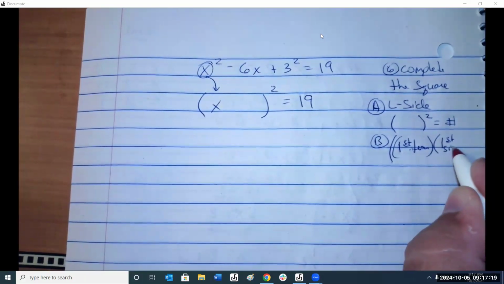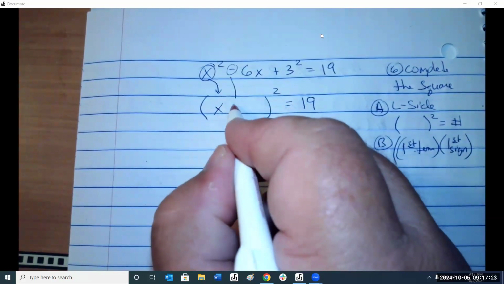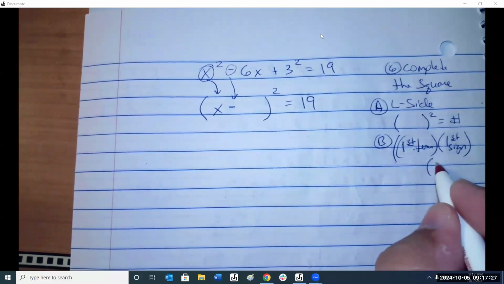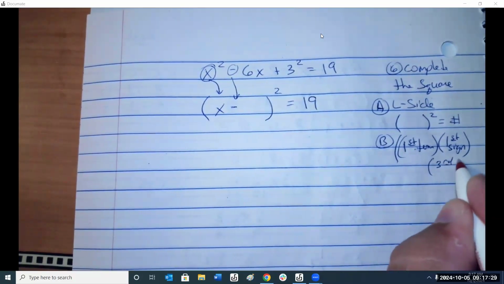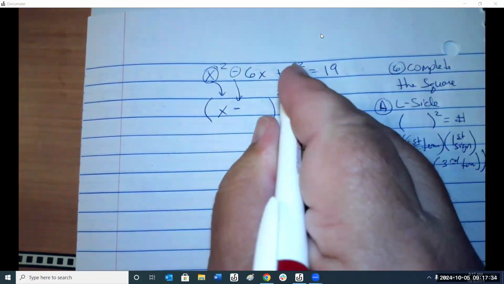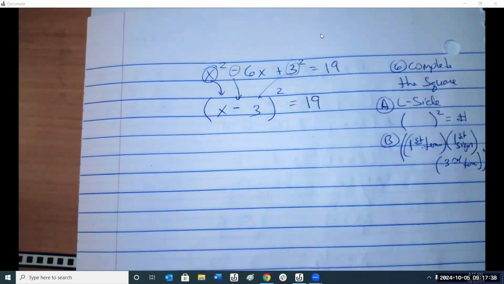The first sign, whatever the first sign is, it goes in there. And then the third term. So whatever's under the square, it goes inside there. That's complete the square.